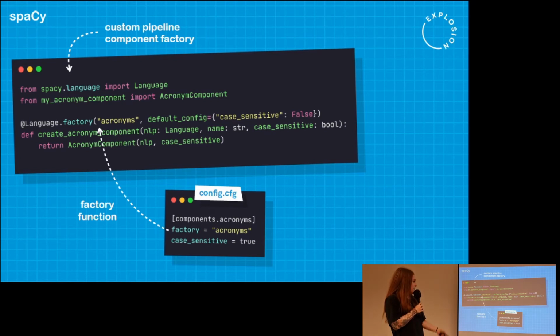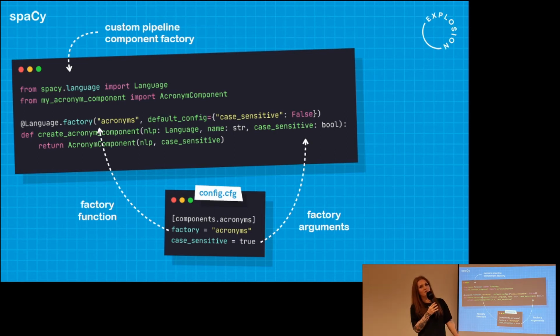Here, reference the factory function by name and reference the arguments, and you also get all the cool type checking stuff for free. So if here we're saying that needs to be a Boolean, if you pass in something else, if you pass in a list, you will see an error that exactly tells you what's wrong and make sure that your settings are all consistent.